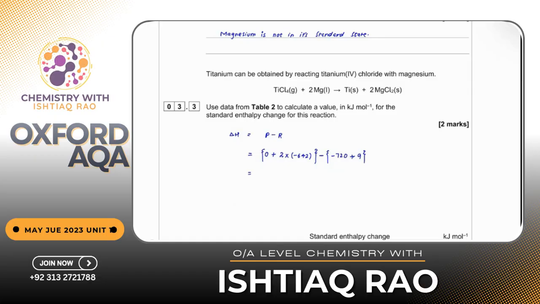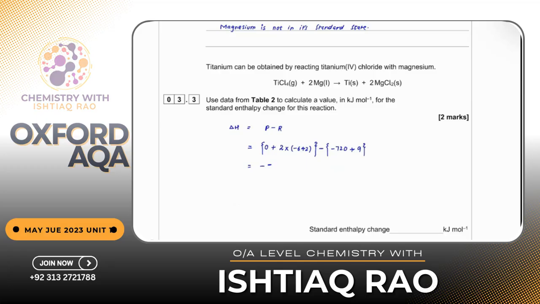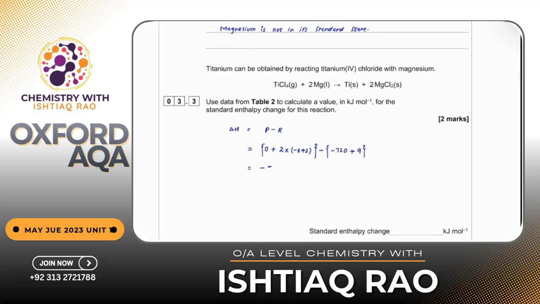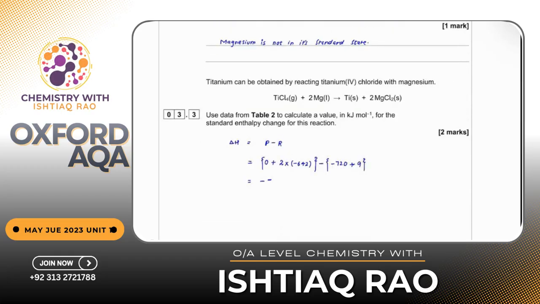Minus 719. Is that minus 642? Oh, 642. Okay, I read the number wrong, sorry.